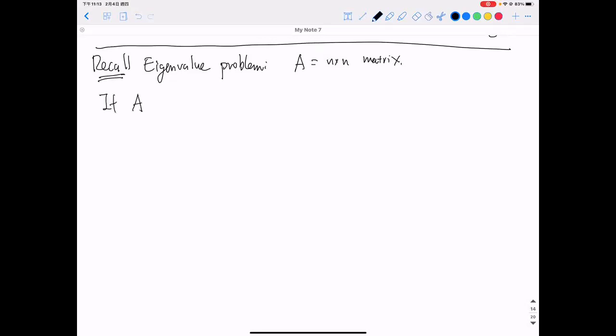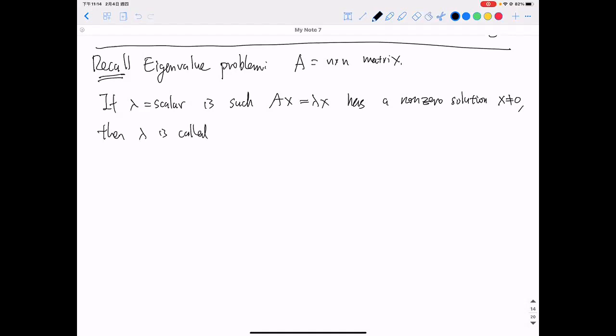If lambda, which is a scalar, is such that Ax equals lambda x has a non-zero solution, x not equal to 0, then lambda is called an eigenvalue of A.